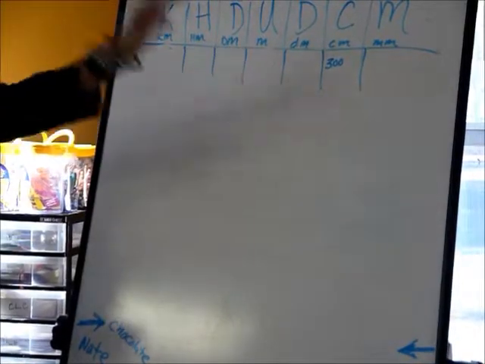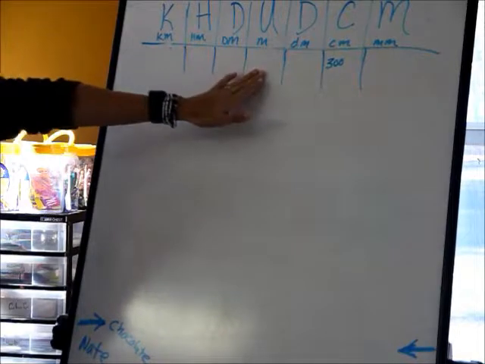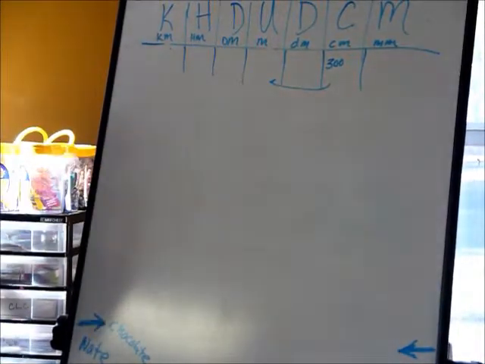So 300 centimeters is how many meters? Okay, here's meters. He needs to move over here. How many meters are in a centimeter? How many centimeters are in a meter? Yes. I know the answer. Oh, you do know.